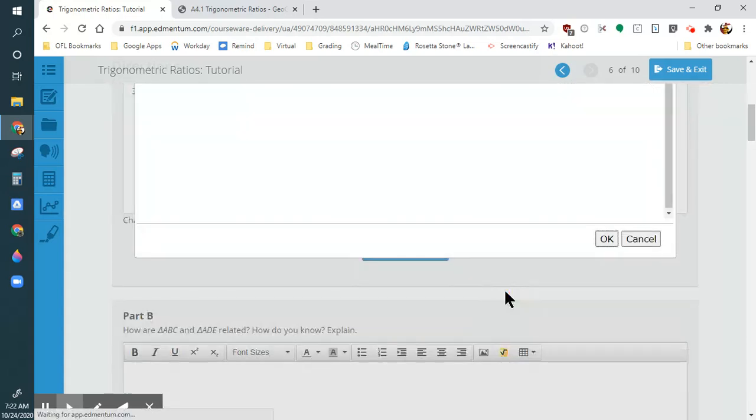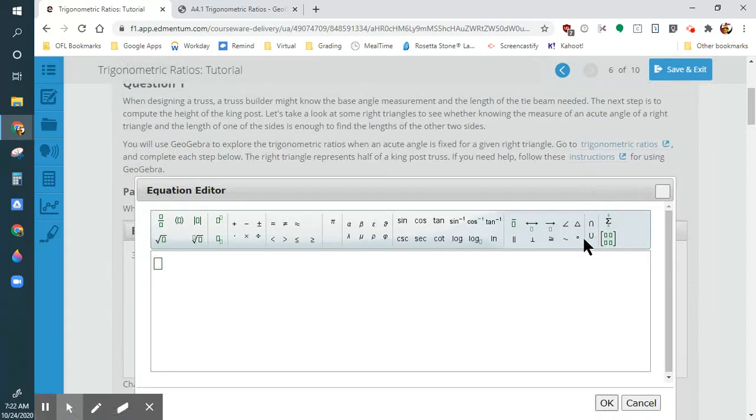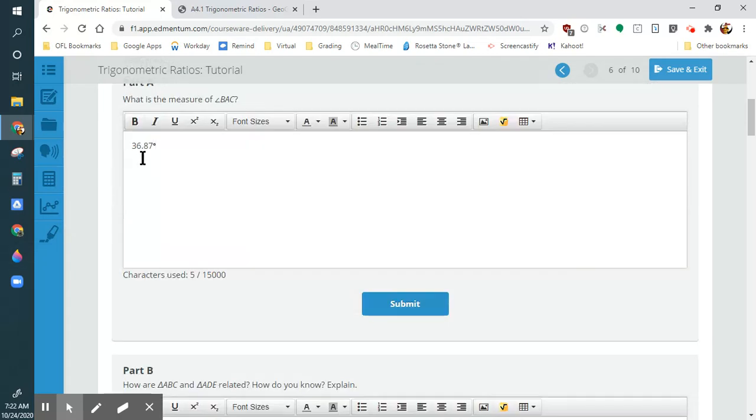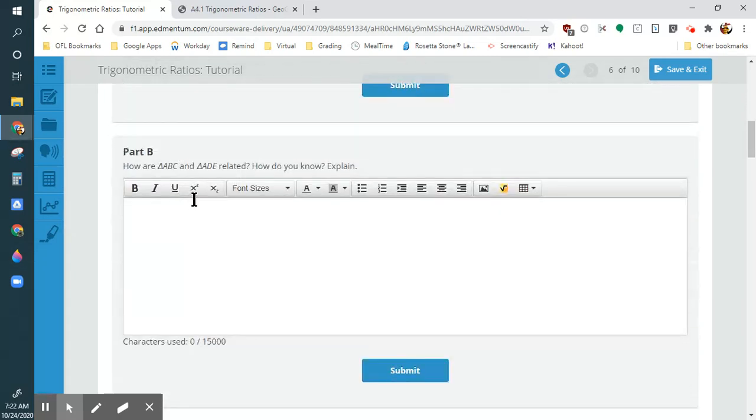And if we want to get fancy, we could have done it in the equation editor, just to put the little degree sign. It's a little off because the text isn't the same. How are triangles ABC related? How do we know? Explain. So we're going to say that the two triangles are similar.